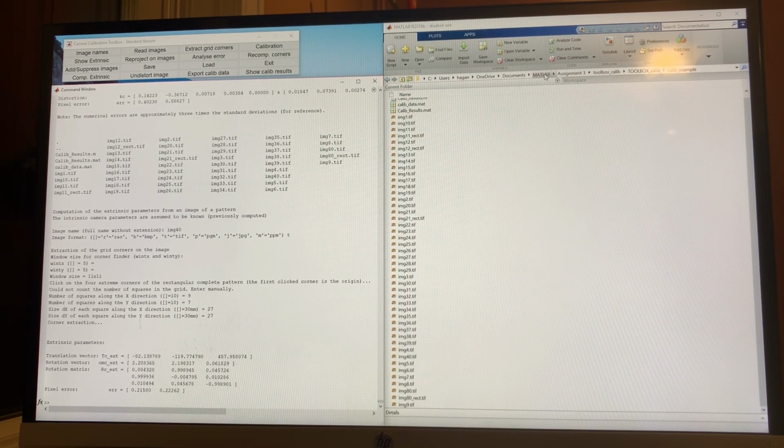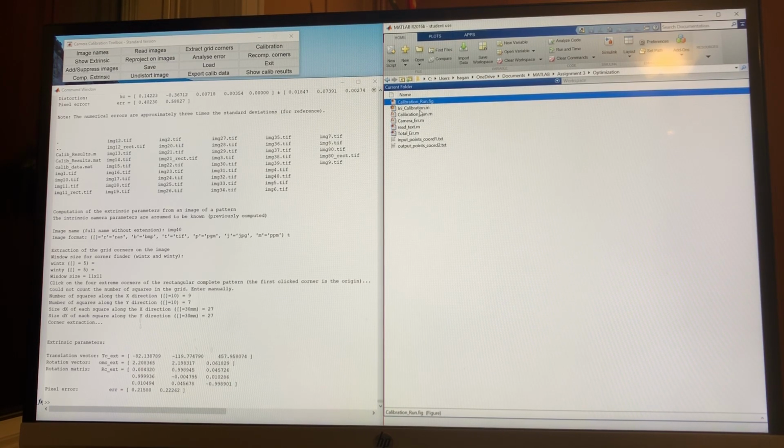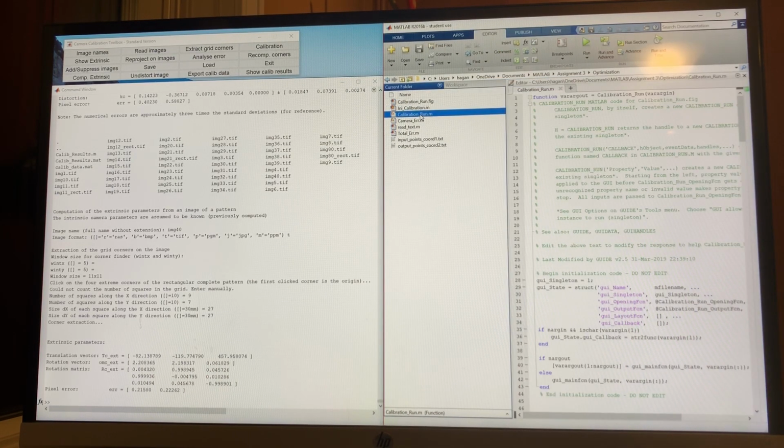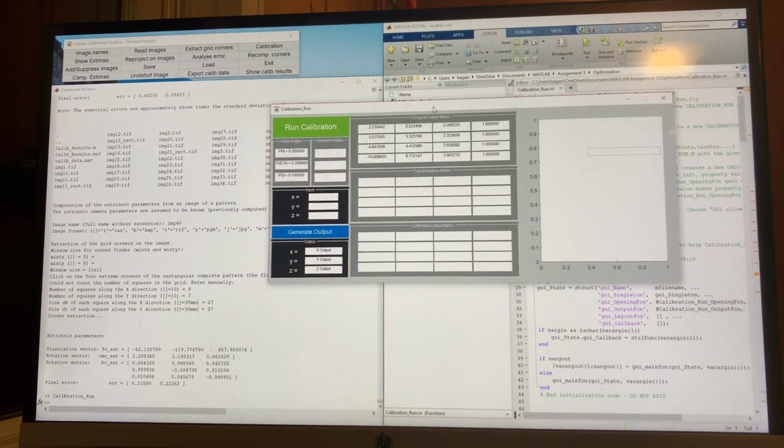The next part of this system I would like to analyze is an optimization GUI that I developed. We are going to run this, which I was given some raw input data and some output data.